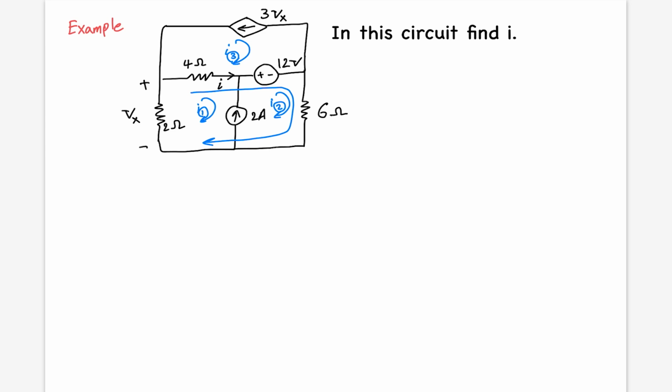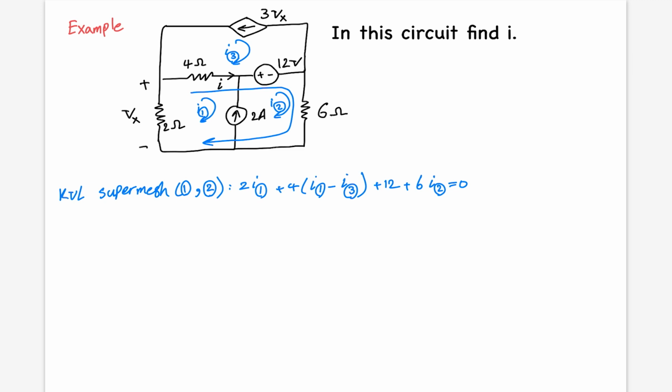So we will write KVL for supermesh 1 and 2. It will be 2I1 plus 4(I1 minus I3) plus 12 plus 6I2 equal to 0.